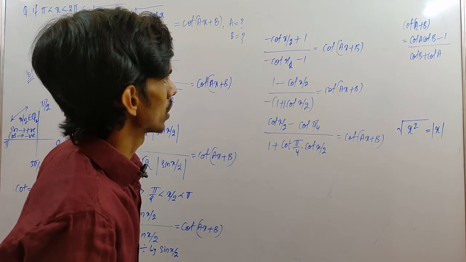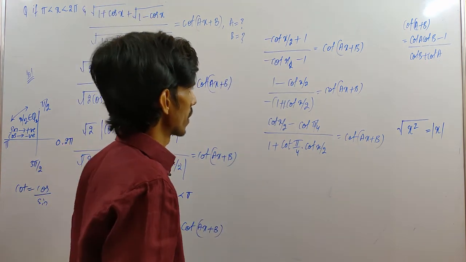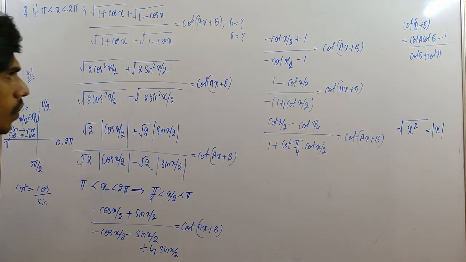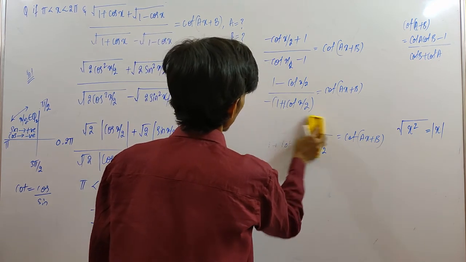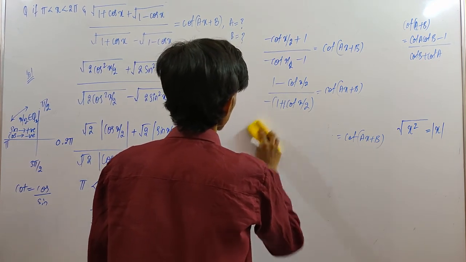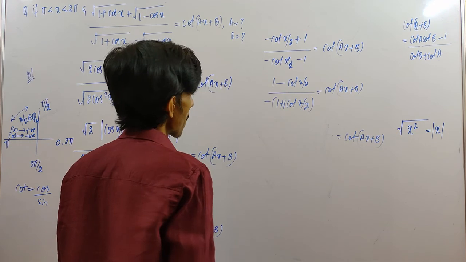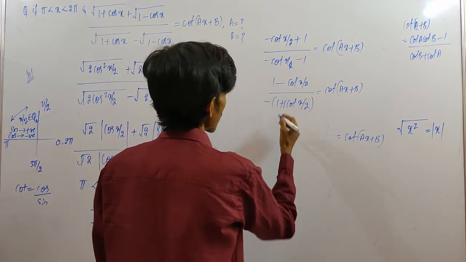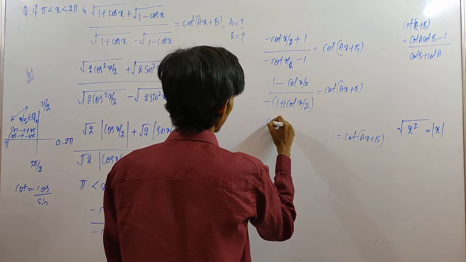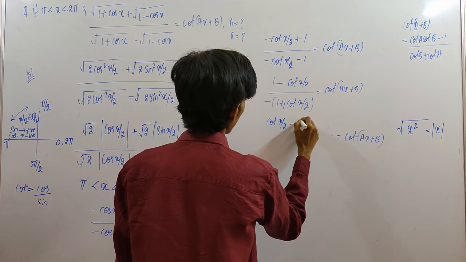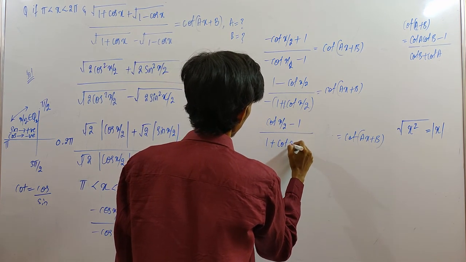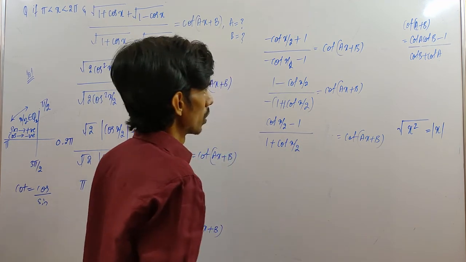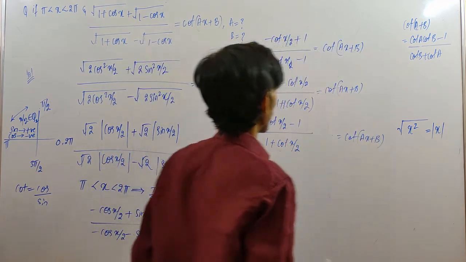Here we have the reverse, so this can be modified. Multiplying this minus here, we get cot x by 2 minus 1 divided by 1 plus cot x by 2. Try to make this form, cot a cot b.